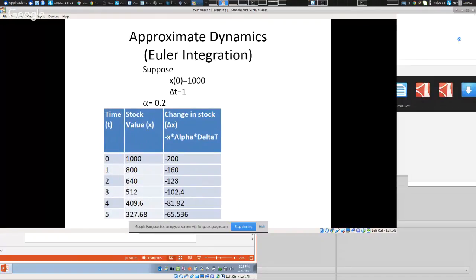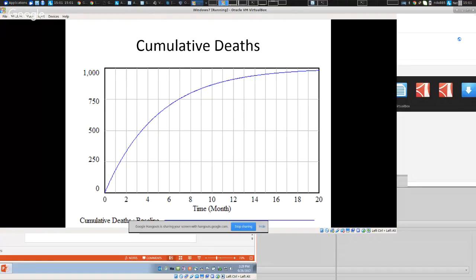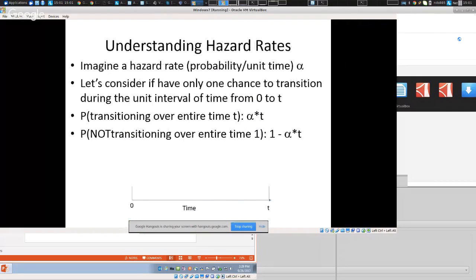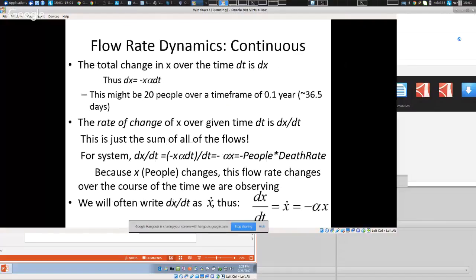Okay. Ladies and gentlemen, so what we have here is a system whose rate of change of the stock X, whether it's going up or down, is proportional to minus alpha times X.